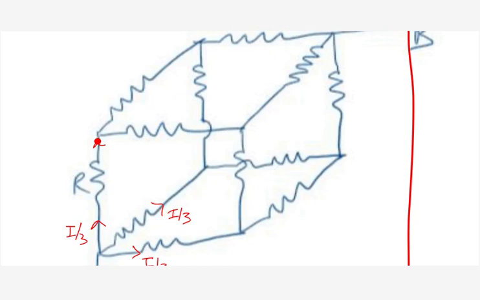This will be I by 6 and this will be I by 6. Same here, I by 6 and I by 6. Again the same, I by 6 and I by 6.